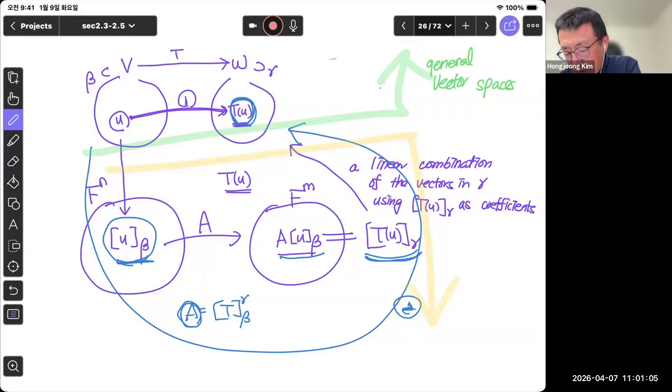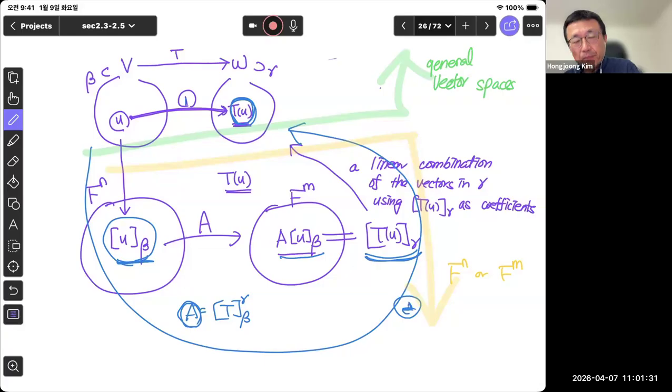The calculations happen in Fn or Fm spaces. They are numbers. When I say general vector spaces, the vector spaces may consist of matrices, functions, polynomials, and so on, right?